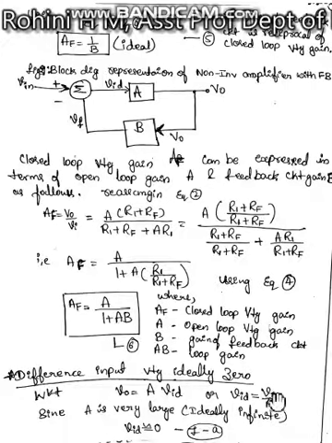So if we substitute in this expression, then what must be the ideal value of VID? VID must be equal to anything divided by infinity, which is 0. So then VID must be equal to 0. So ideally the difference input voltage value must be equal to 0 volts.